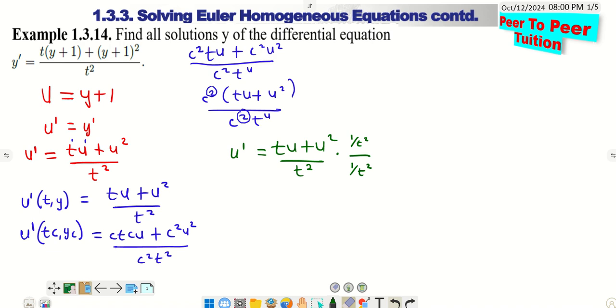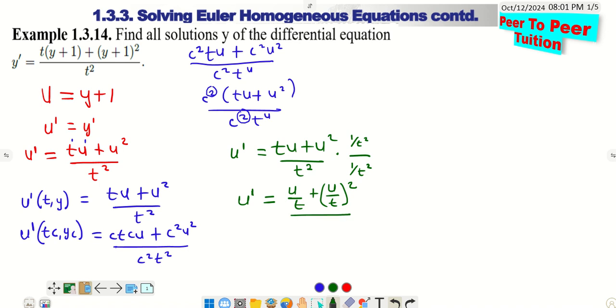Now let us simplify it. U prime is equal to, if I multiply 1 over t squared through, I will get u over t for this part. Then I will get u squared over t squared, which is the same as u over t all squared for this part.